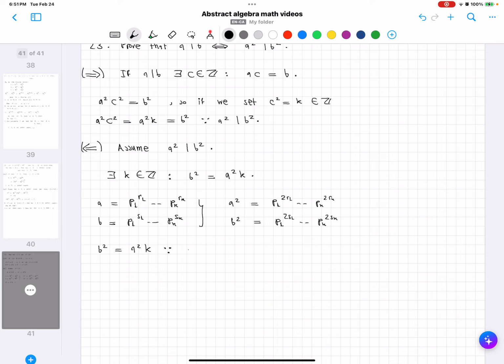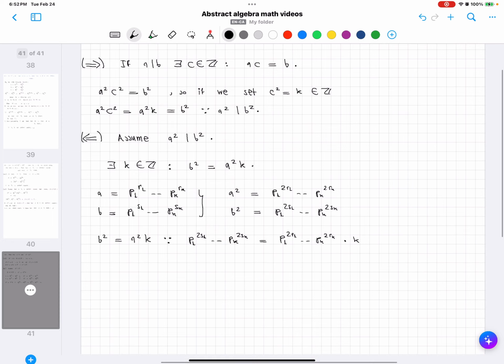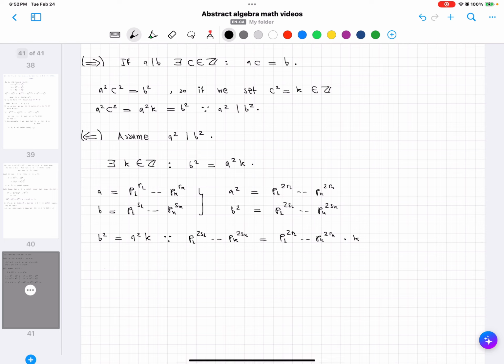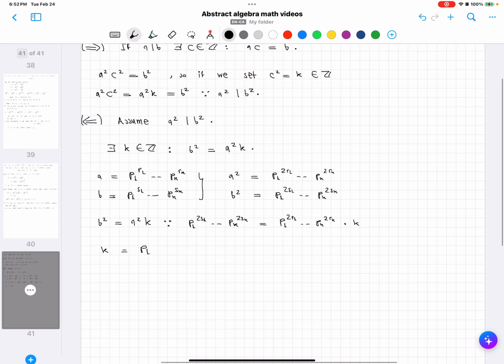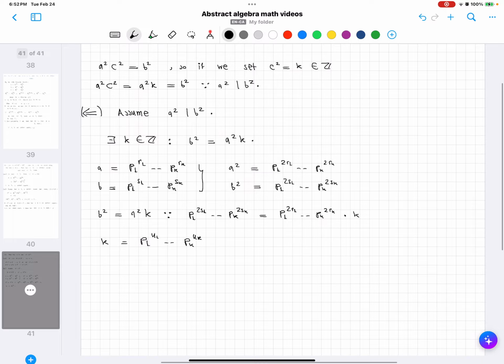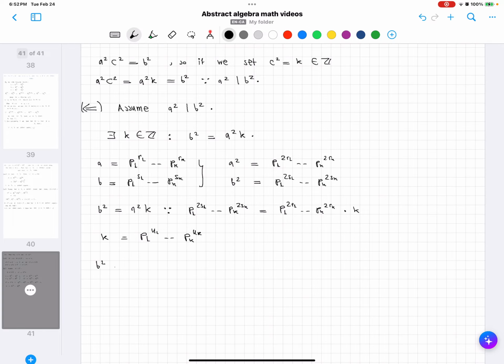So we get P1^(2S1) times up to PK^(2SK), and that is equal to P1^(2R1) up to PK^(2RK) multiplied by that integer K. So write K in terms of its prime factors. So K is equal to P1^U1 up to PK^UK.